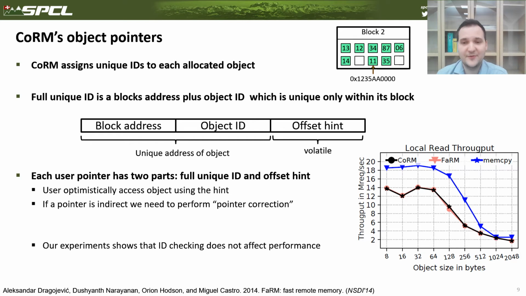We would see a performance drop. However, our target is remote memory systems like FaRM, which already perform some checks for consistency. And if we compare with pure FaRM, there is no significant difference between CoRM and FaRM, as we just add one additional if check in the process.